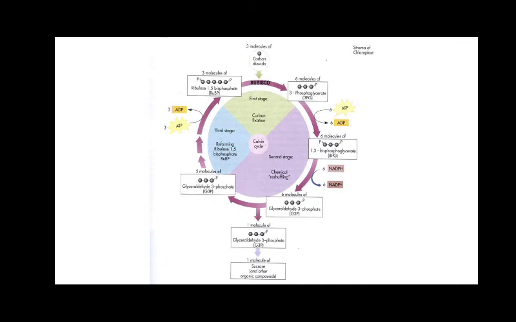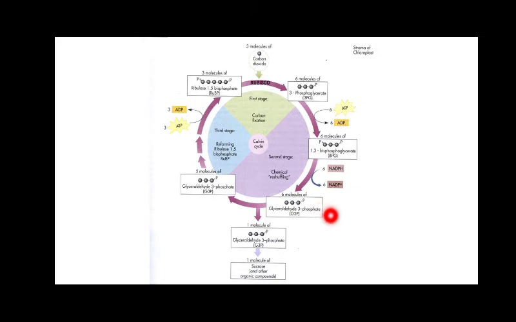Here the CO2 gets fixed into RuBP, ribulose bisphosphate, finally becoming phosphoglyceric acid, then bisphosphoglycerate, then glyceraldehyde 3-phosphate, of which 6 molecules are going to form.